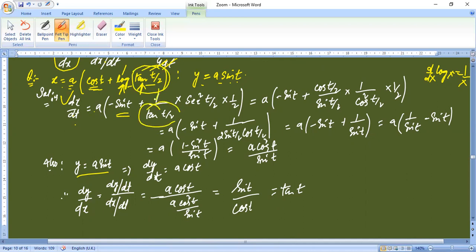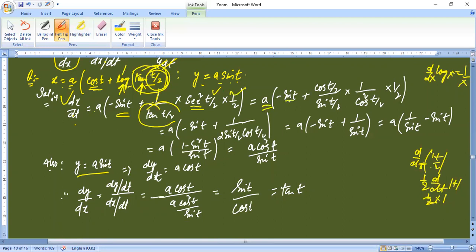Tan of t by 2 reciprocal, into differentiation of tan, that is sec square of its argument, sec square of t by 2, into differentiation of t by 2, that is d by dt of t by 2. So it is actually 1 by 2 into t. So 1 by 2 will come out. So 1 by 2 d by dt of t is actually 1. So this is 1 by 2.